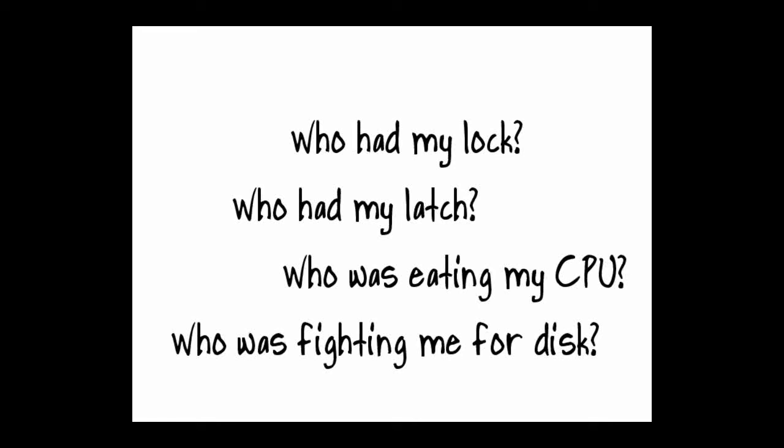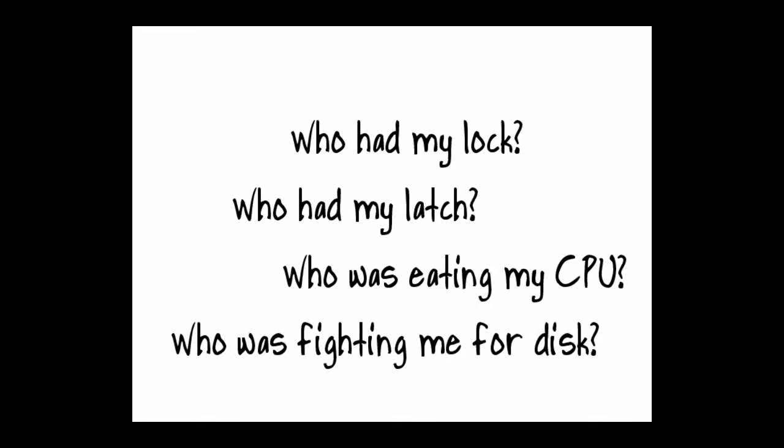What process was using CPU at the time when my process was trying to use CPU? The trace data doesn't contain that. So ASH answers questions like, for example, who had my lock, who had my latch, who was eating my CPU, who's fighting me for disk. ASH is awesome at showing you these kinds of things. So kind of first line of attack, trace data, second line of attack, ASH, for problems that are related to specific experiences that people can point out to you.